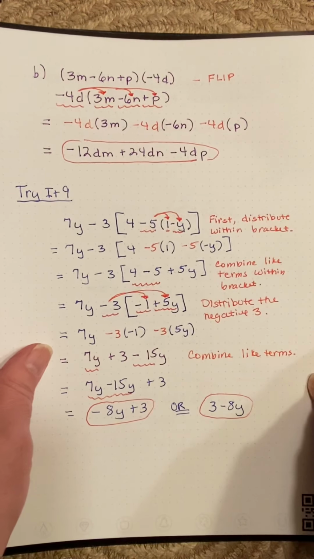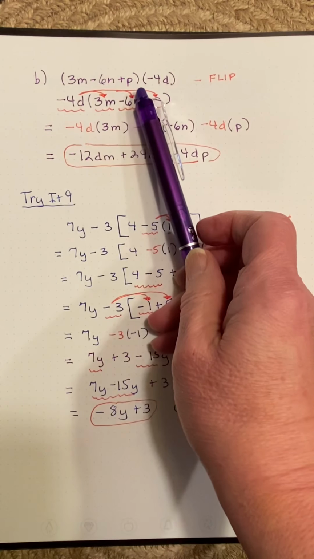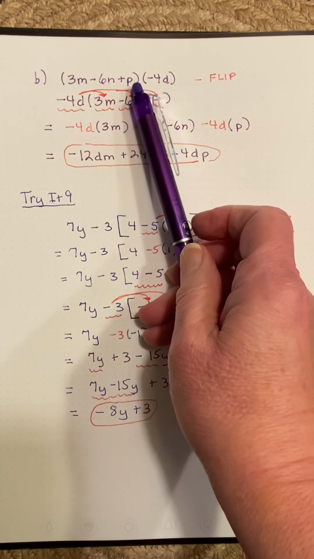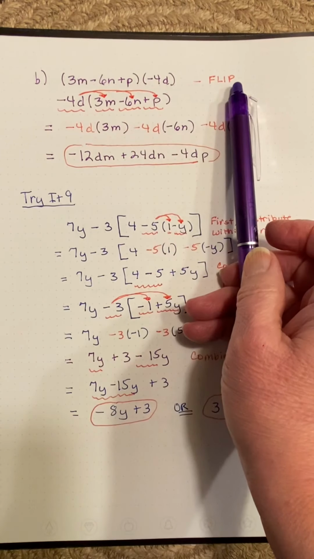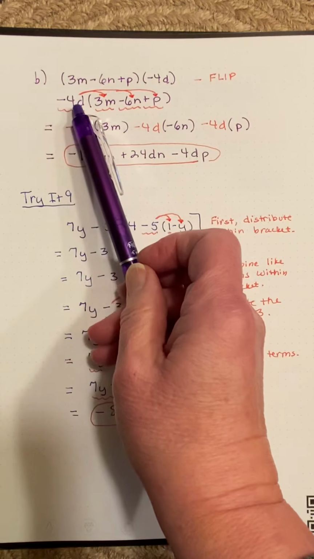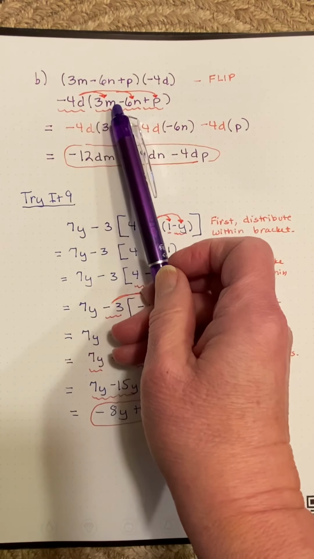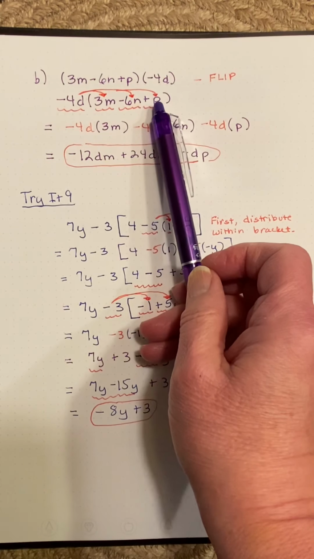Continuing with Try It 8, letter B, I have 3 variable expressions within a parenthesis times a negative 4d. I'm flipping this because I need to distribute that negative 4d to the positive 3m, to the negative 6n, and to the positive p.